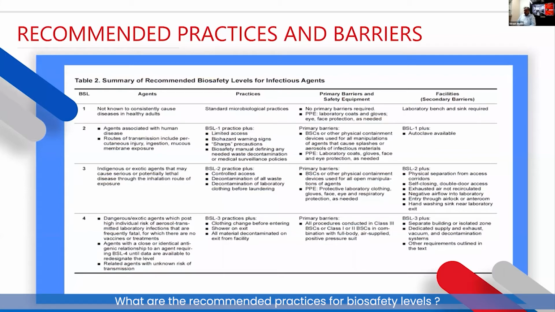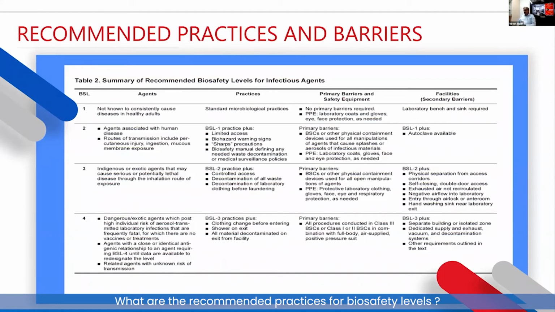In terms of secondary barriers, there necessarily has to be a physical separation of such laboratories from the rest of the areas. There should be interlocking doors in the laboratories. The laboratory is at a negative pressure, which means that the air does not flow out of the laboratory into the surrounding areas, but the surrounding areas send air into it.